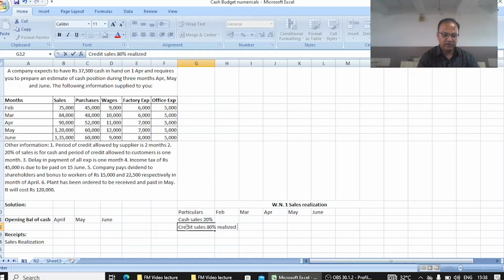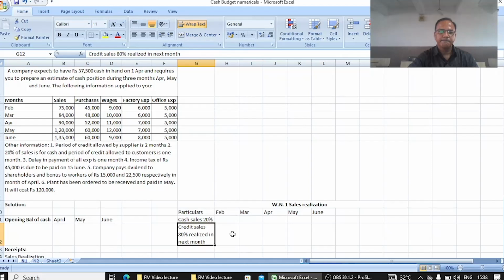Credit sales are realized in the next month. Cash sales 20% are realized in the same month.